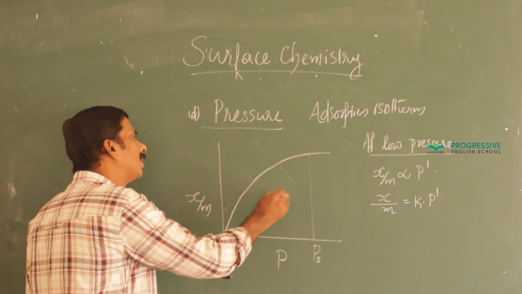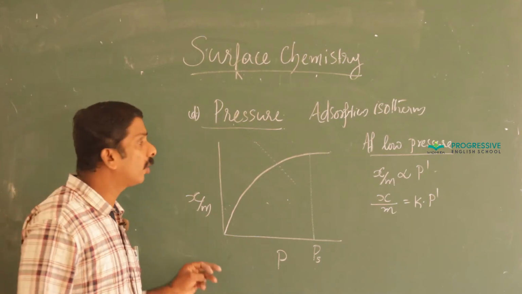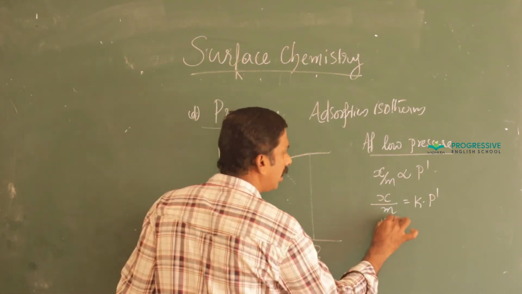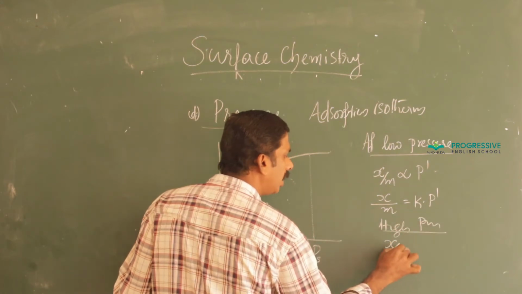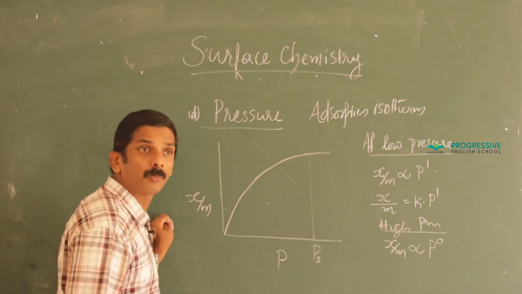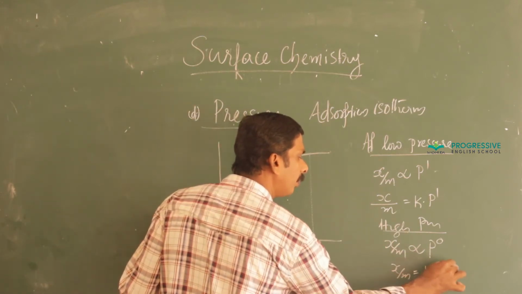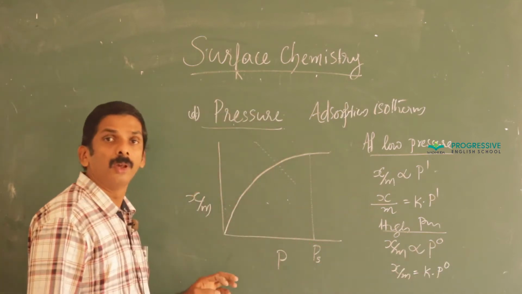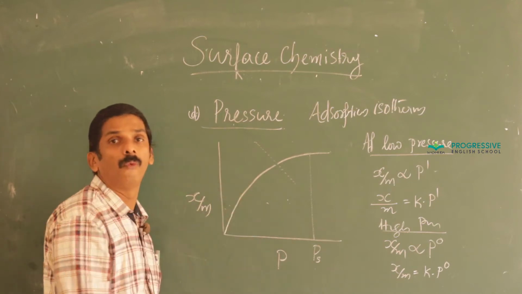And at high pressure, x by m is independent of pressure. It does not depend upon pressure, or x by m equal to k into p raised to 0. Next we concentrate on the region between these high and low values.